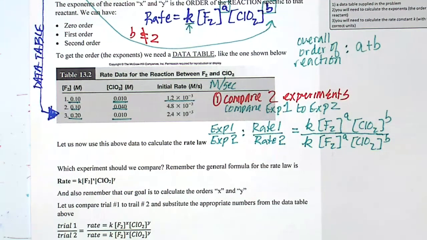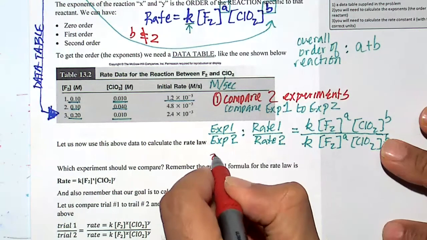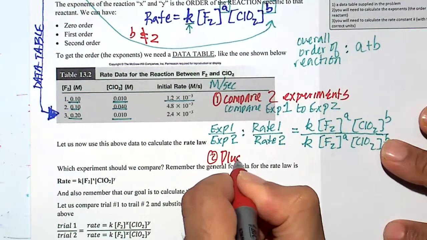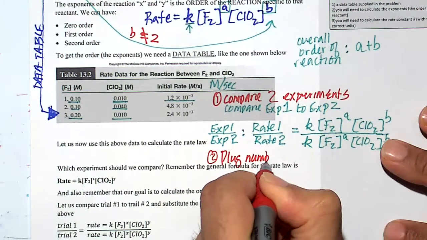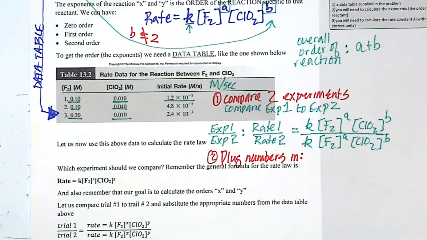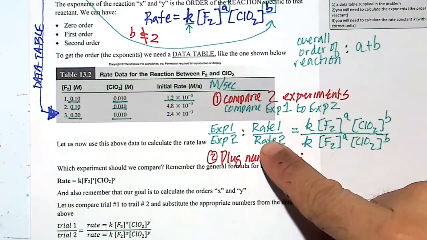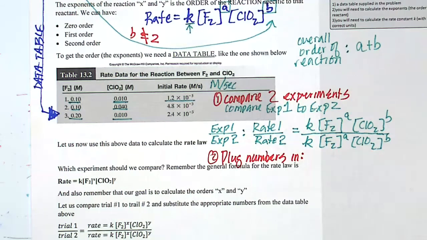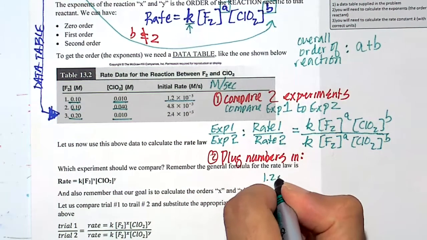All right, step 2 here, let's plug those numbers in. So rate 1, we have 1.2 times 10 to the minus 3. Rate 1, experiment 1.